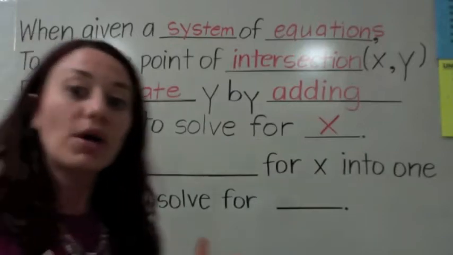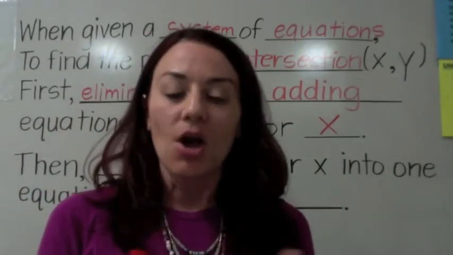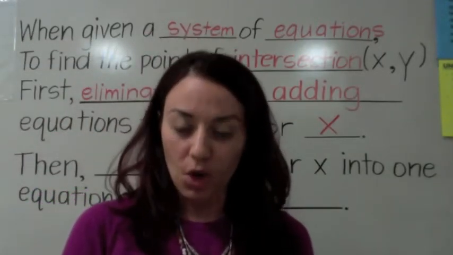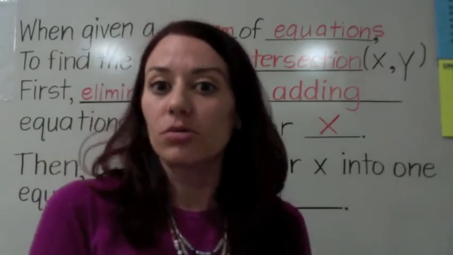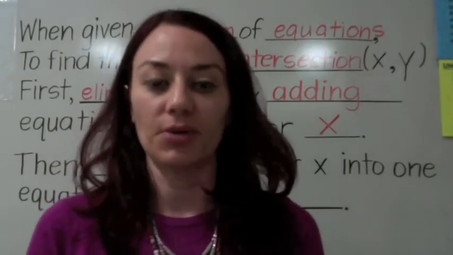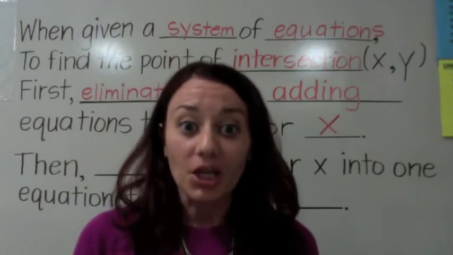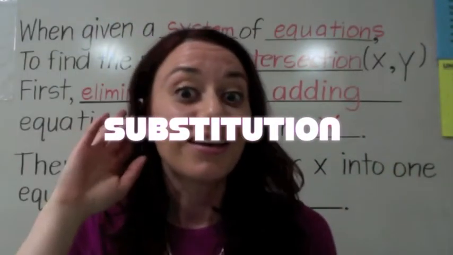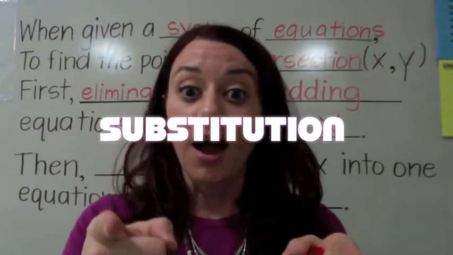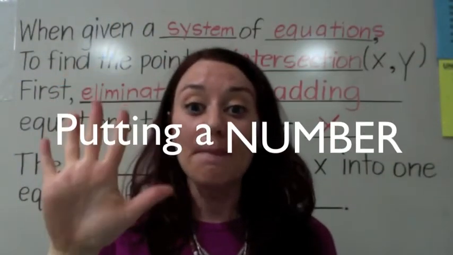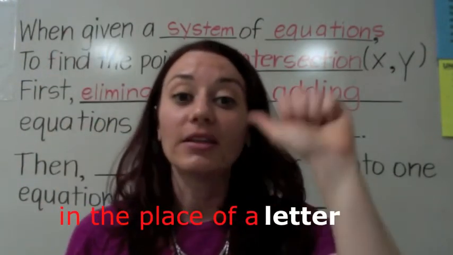And then once you find x, when you know that x equals a value, say x equals 3, you can use substitution. Say substitution. Putting a number in the place of a letter.